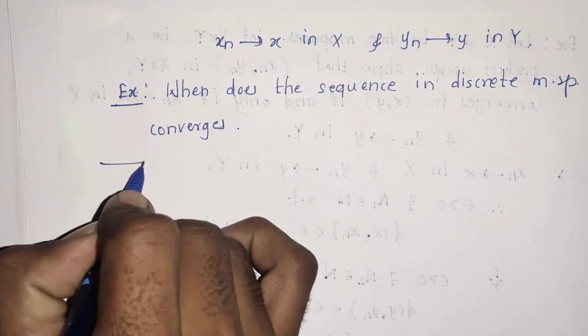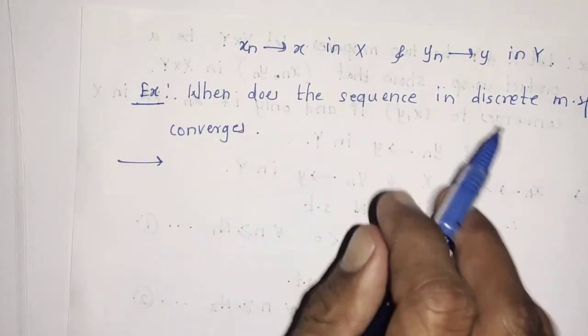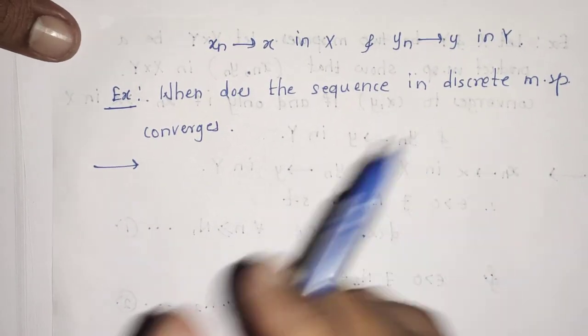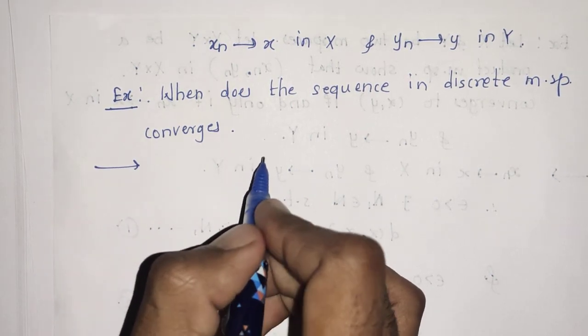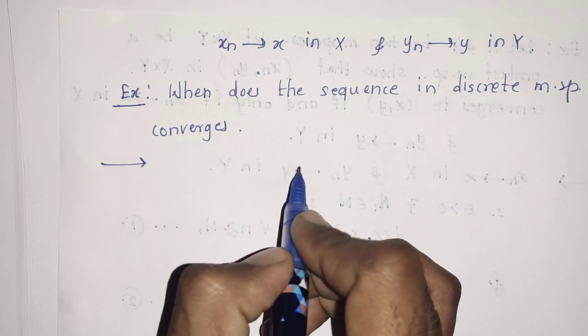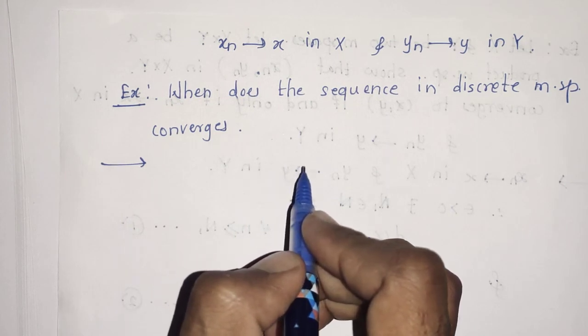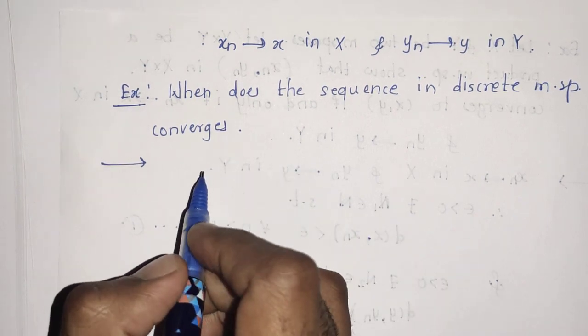We have to prove when a sequence in a discrete metric space converges. Suppose X is a discrete metric space and xn is any sequence in that X, and we suppose that xn converges to x. Then we can use the definition of convergence, and after that we will see the limit of that sequence.